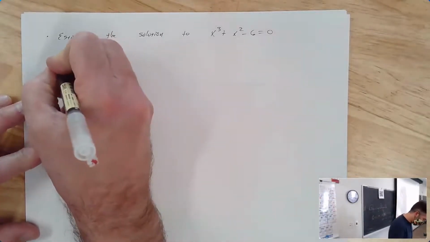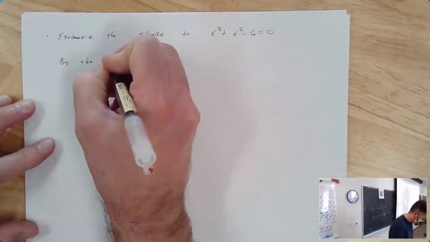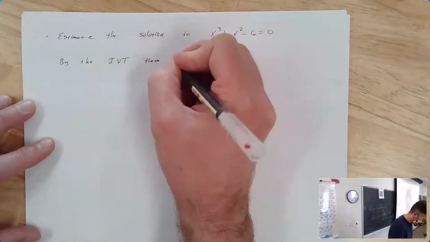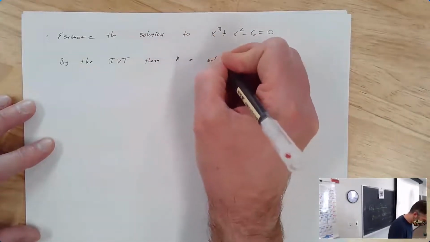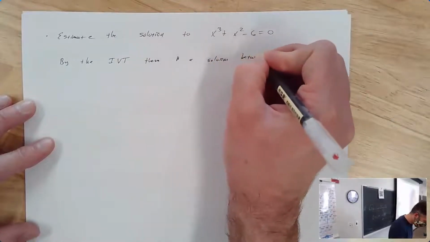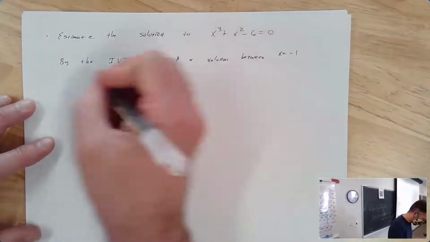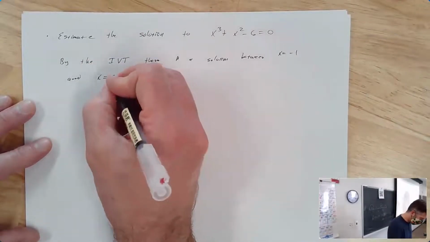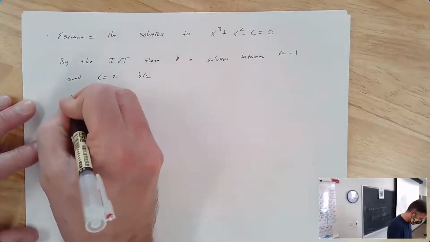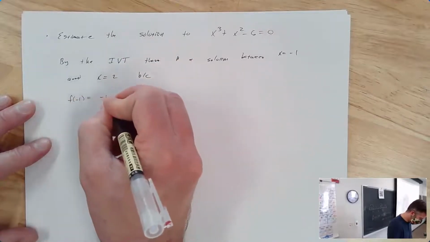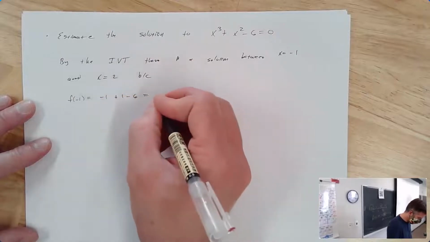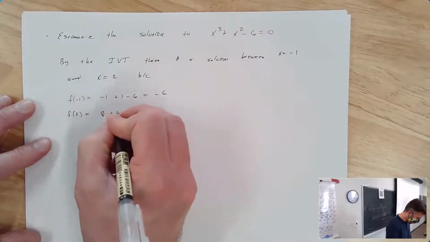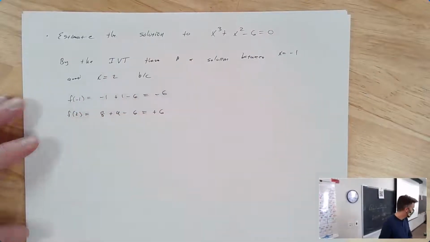So we can say that by the intermediate value theorem, there is a solution between x equal to -1 and x equal to +2, because f of -1 is -1 plus 1 minus 6, which is equal to -6, and f of +2 is 8 plus 4 minus 6, which is +6.